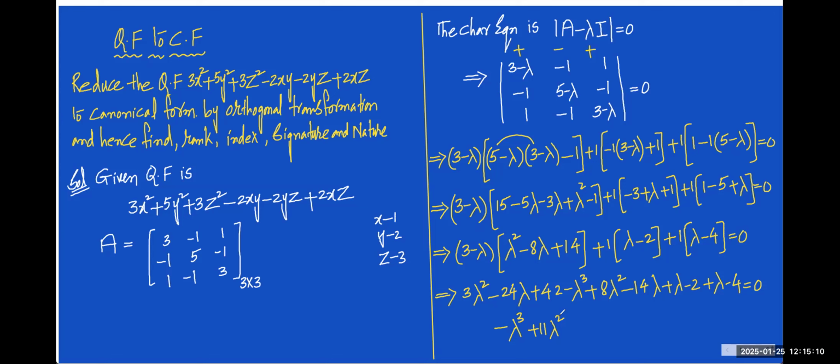Your answer will be minus 36 lambda. Now, how many constant terms you are getting? Look at here, 42 and minus 6. 42 minus 6 is equal to 36. So this is plus 36.